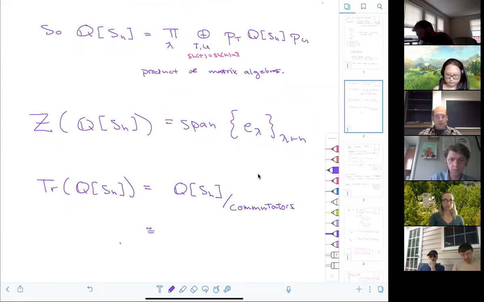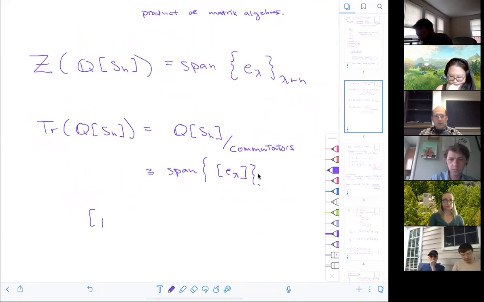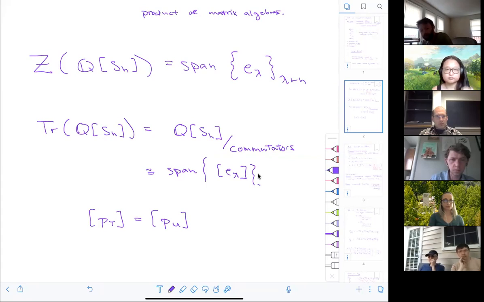Anyway, the cocenter is spanned by classes of primitive idempotents. The thing to note here is that two different idempotents in the same block of this matrix algebra are equivalent modulo commutators.